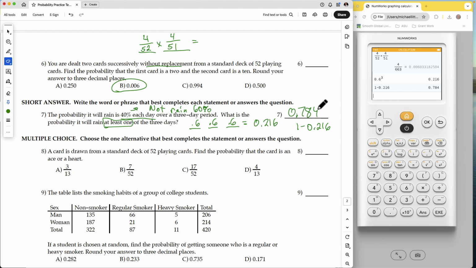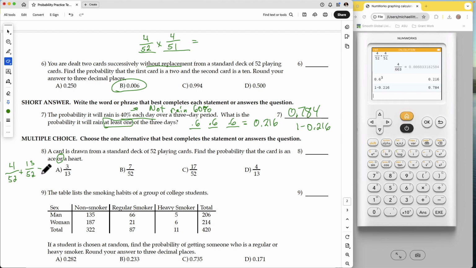Okay. A card is drawn from a standard deck of 52 playing cards. Find the probability that the card is an ace or a heart. It's an or probability, ace or a heart. So for or probabilities we add and potentially subtract. Probability of being an ace, there are 4 aces out of 52. Probability of being a heart, there are 13 hearts. There are 13 of every suit, so 13 out of 52.